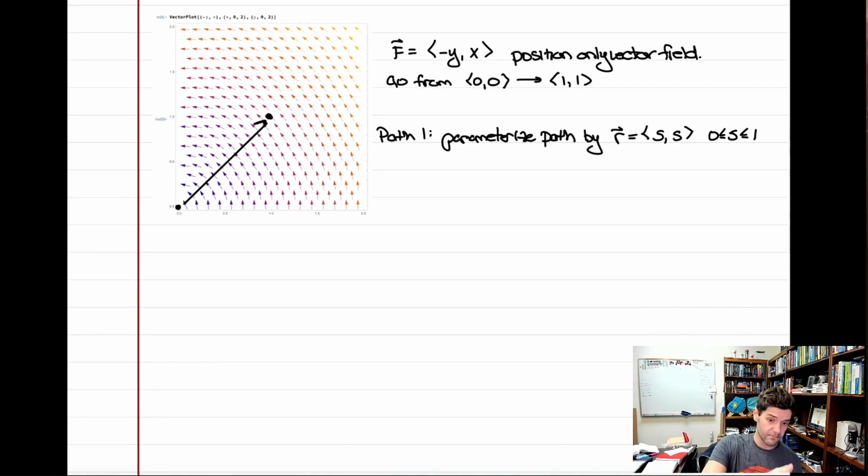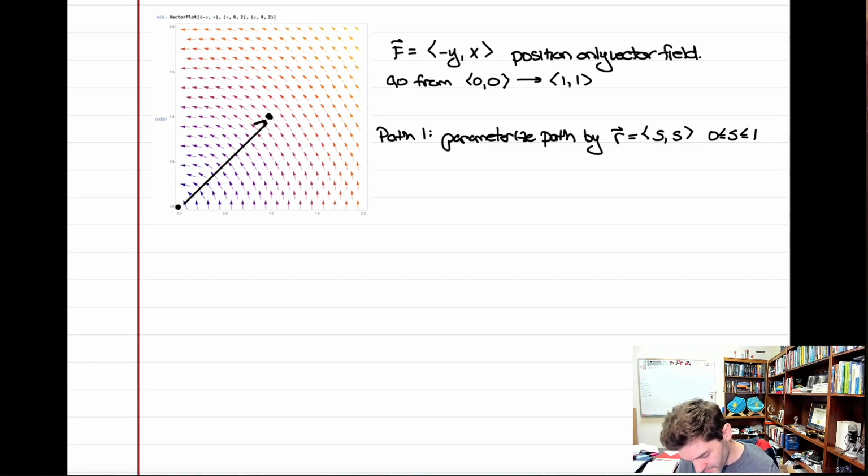When s is 0, you're at 0, 0. When you go all the way up to s equals 1, you're at 1, 1. I think we all agree this parametric equation would draw out a straight line from 0, 0 to 1, 1.